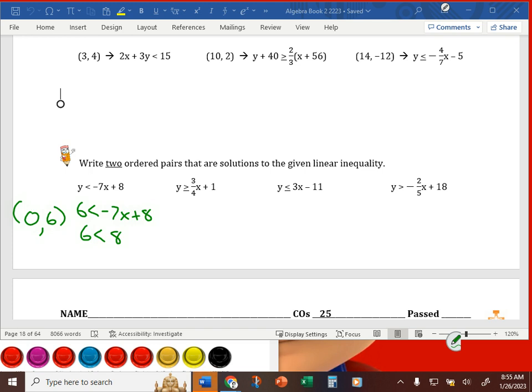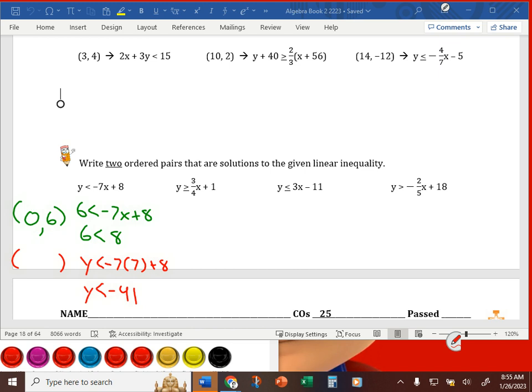That one works. Okay? Maybe instead of picking a y value first, you want to pick an x value first. Give me a number, literally anything. 7. So we want y is less than negative 7 times 7 plus 8. That gives us y is less than negative 49 plus 8, which is negative 41.